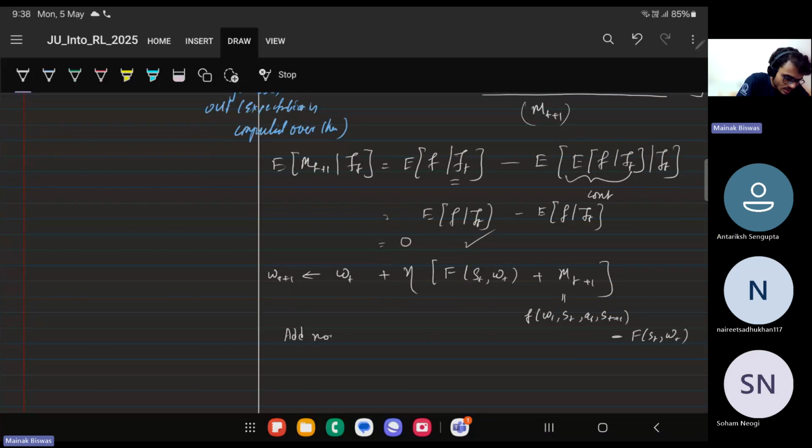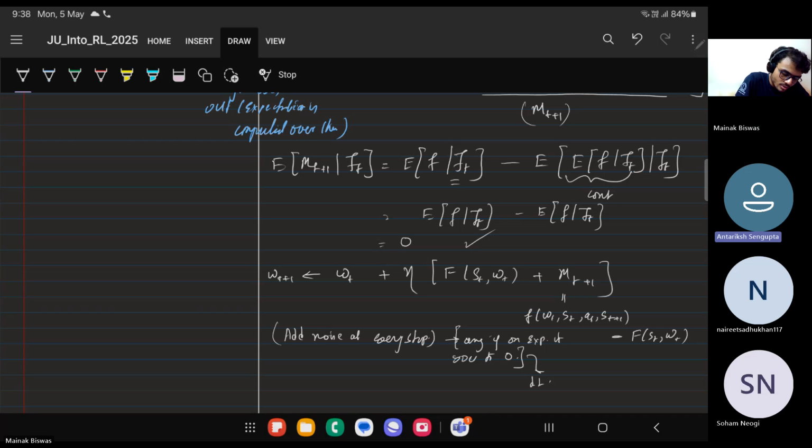The M_{t+1} term doesn't become zero, but when we add them all together by the law of large numbers, these martingale terms don't contribute.